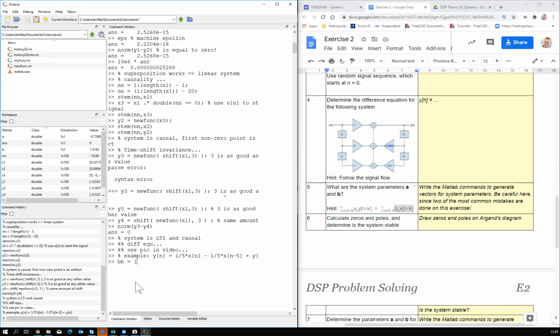So in that vector, the first parameter is 1 over 5, which is the 0th order delay multiplier. Then we have a minus 1 over 5, but that's for the fifth delay.